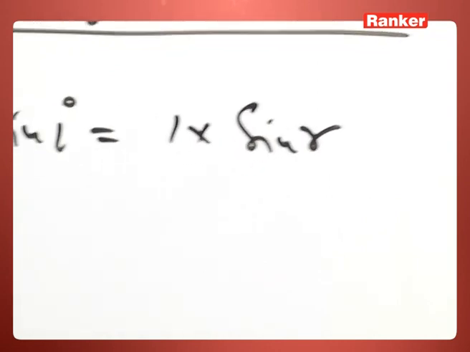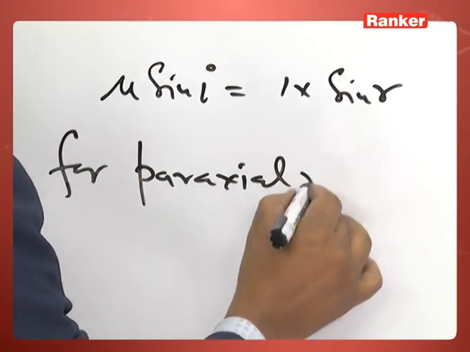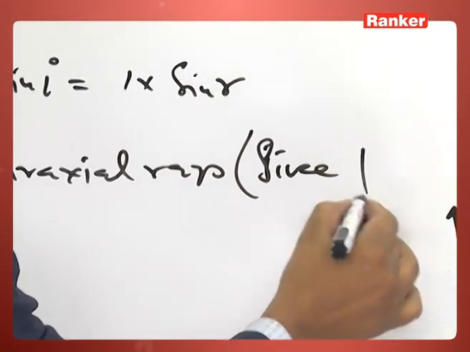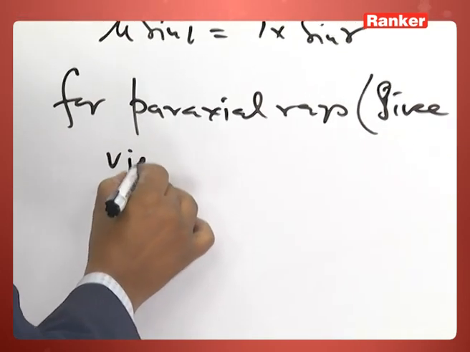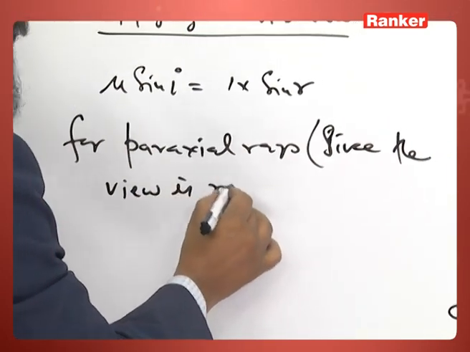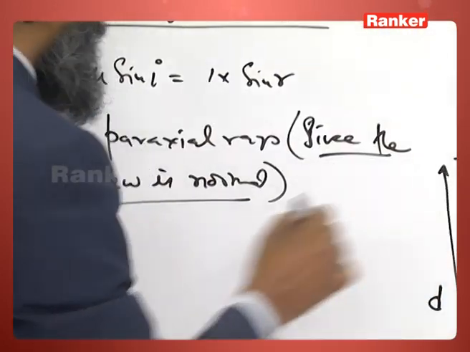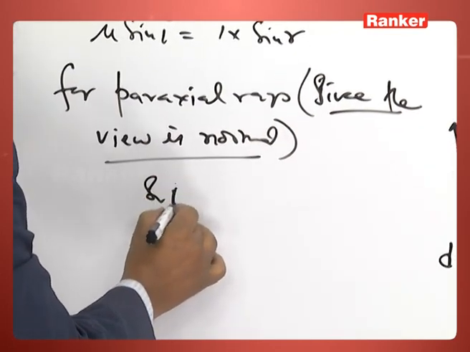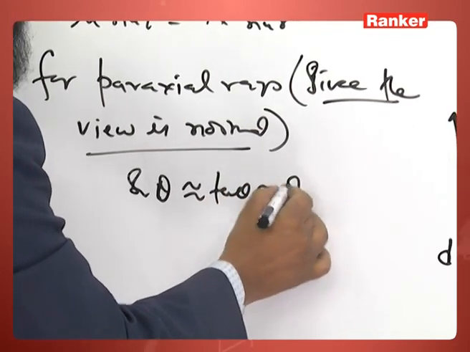Now, for paraxial rays, since the view is normal, meaning we are seeing perpendicularly to the surface, sin theta will be written as tan theta, which will be written as theta.